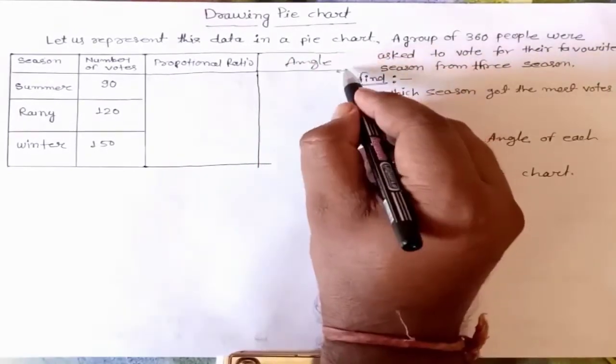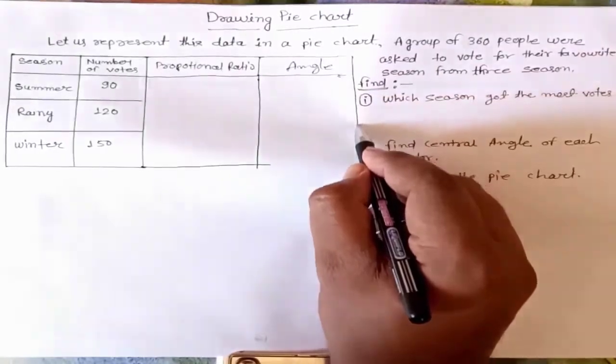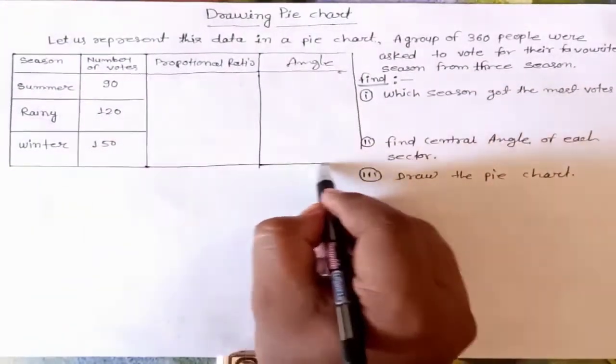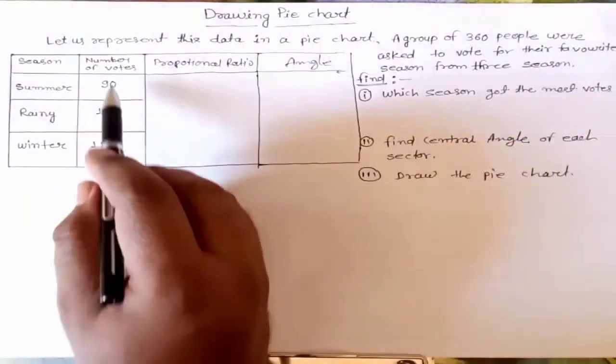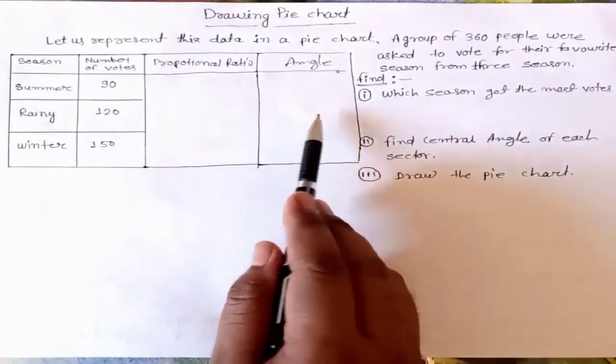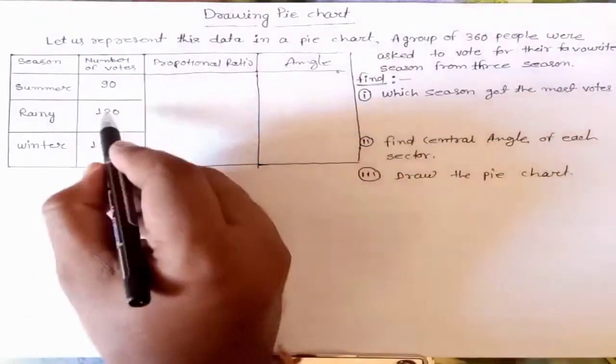This is for angle. Now observe, whenever this kind of data is there, you always make 2 more columns, right?